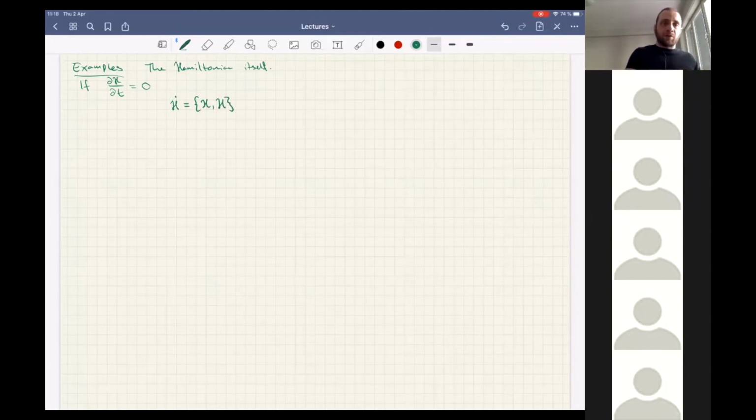Since the Poisson commutator is antisymmetric, this has to be equal to 0. So this tells us that if the Hamiltonian does not depend explicitly on time, then it's going to be a constant of motion.